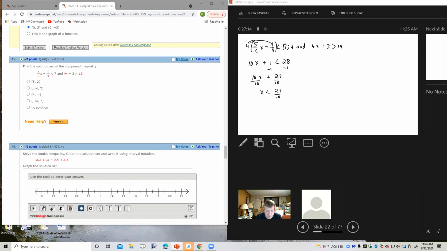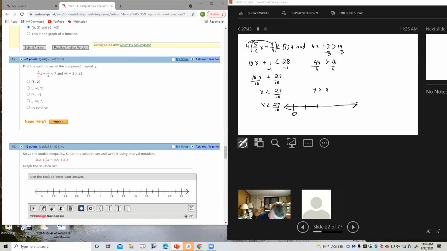Got everything copied correctly. Over here, the second inequality, we're going to get 4x less than 16, divided by 4, x is greater than 4. Okay, now let's graph each one of these. X less than 27/10. Let's see here. 27/10 would be 2.7, wouldn't it?